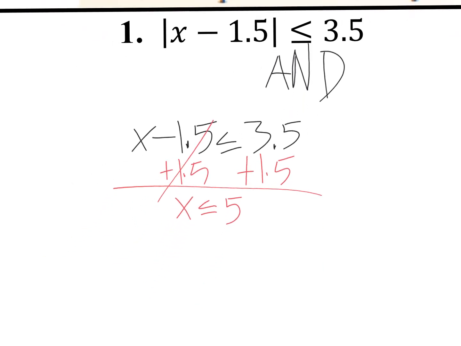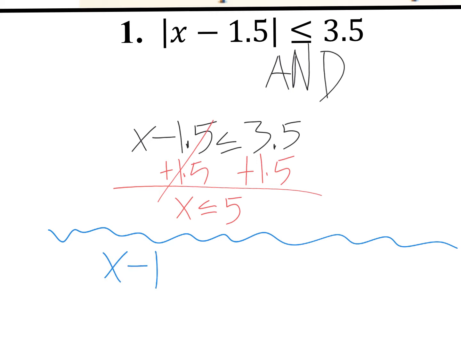Then I'm going to repeat the process, and I'm going to change the signs on one side. I always change the signs on the constant side. So I'm going to write x minus 1.5 is greater than or equal to negative 3.5. You'll see that I changed the sign on the constant side, and I also changed the inequality sign. The reason you do this is because of that rule that states if you divide by a negative, you must flip the inequality sign.